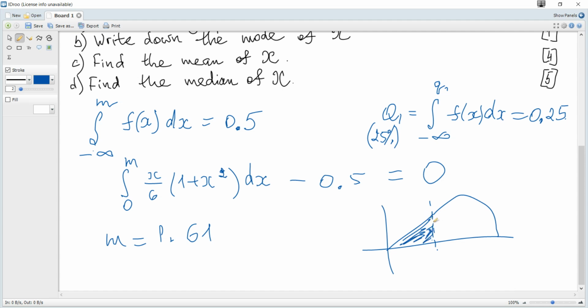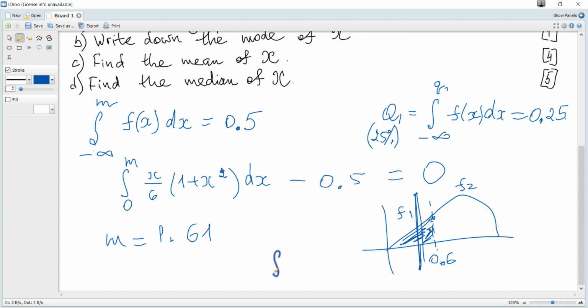Because there are two functions, f1 and f2, you find this area first, and if it is greater than 0.5, for example 0.6, you understand that the median is to the left.